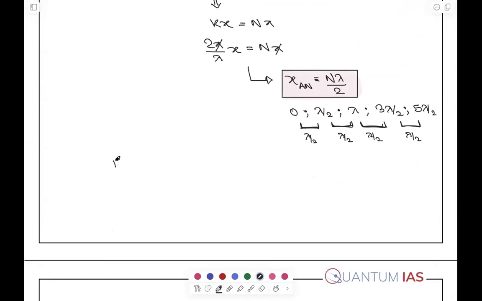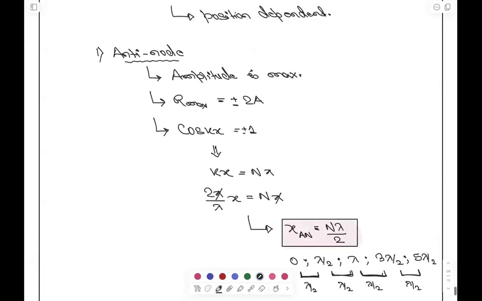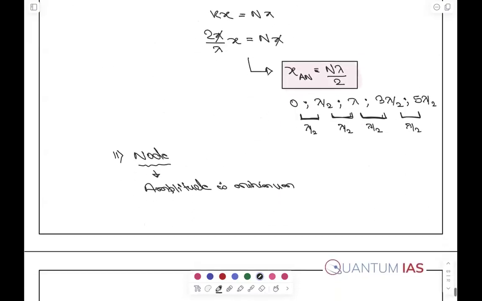Second, for node. Node is when displacement is minimum. Now here we can have amplitude minimum.